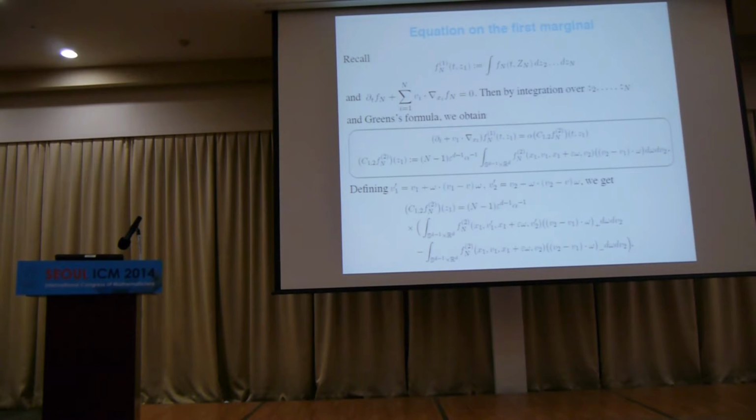Then I'm taking the integral of Fn against x3, x4, etc. So that's actually the two particle distribution: x2 is on the sphere of center x1, and v2 can be anything. And this boundary factor comes exactly from Green's formula.